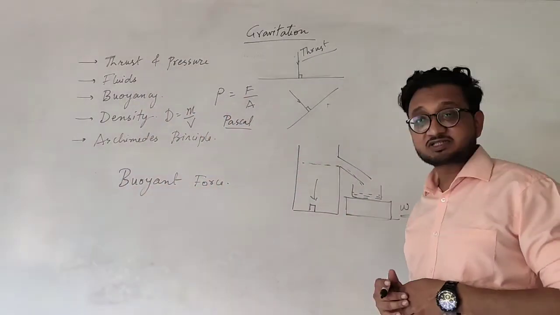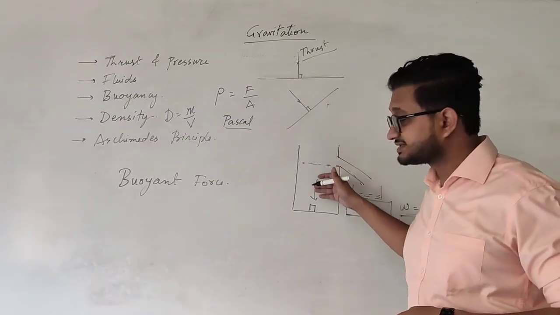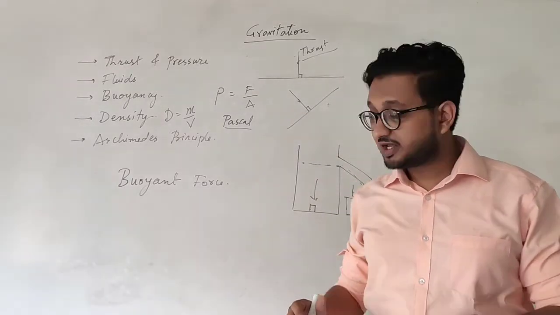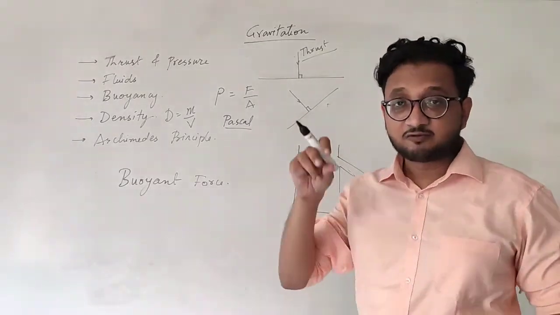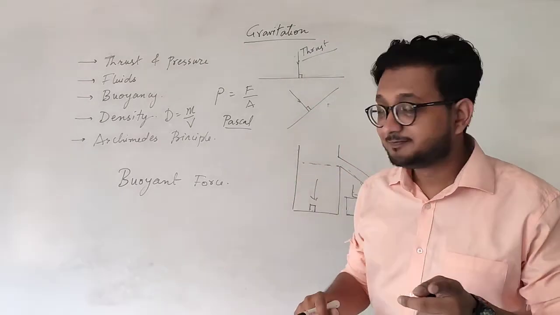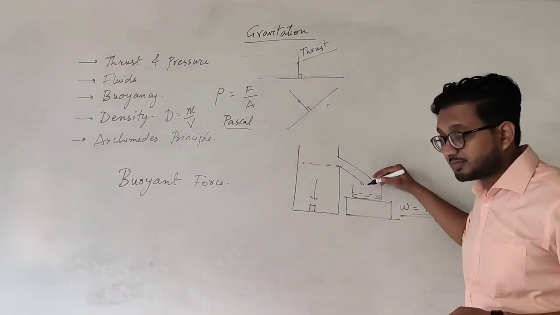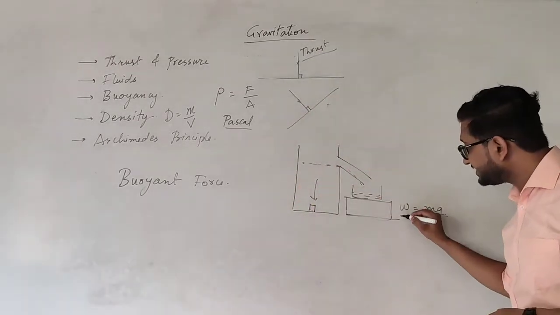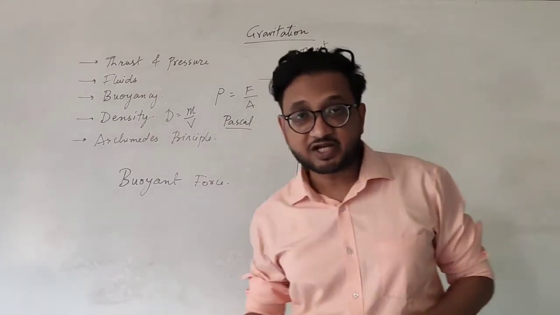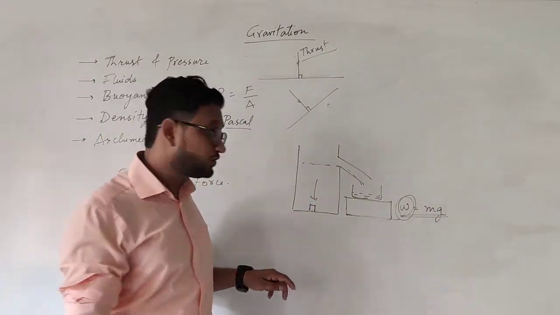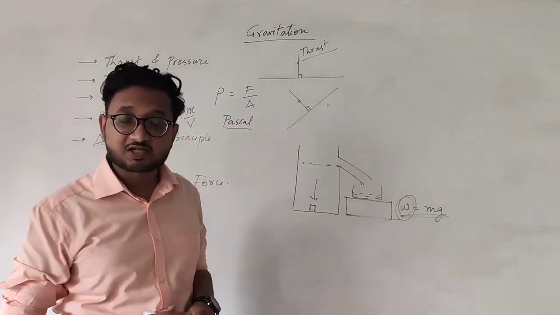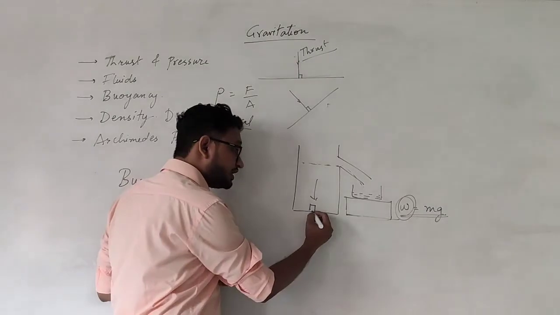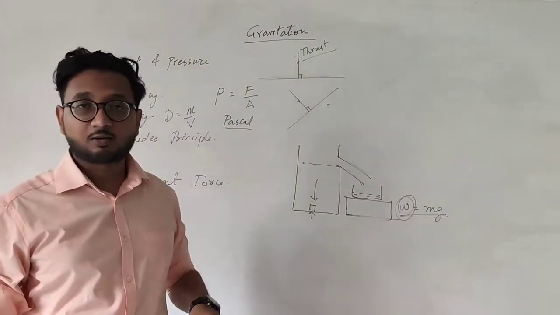Archimedes' principle states that when an object is immersed fully or partially in a fluid, it displaces a certain amount of fluid. The weight of the displaced fluid is equal to the buoyant force acting on that immersed object.